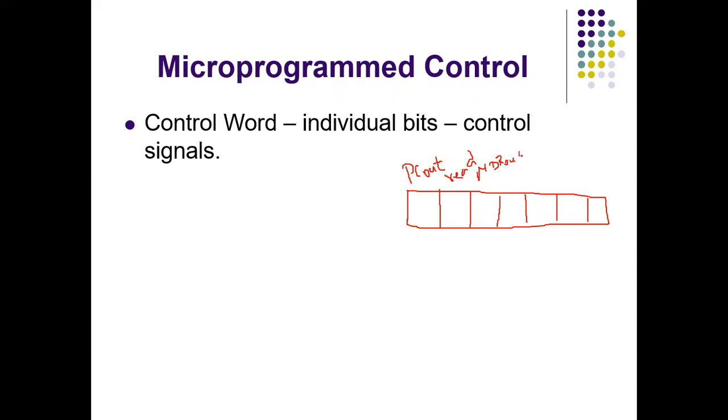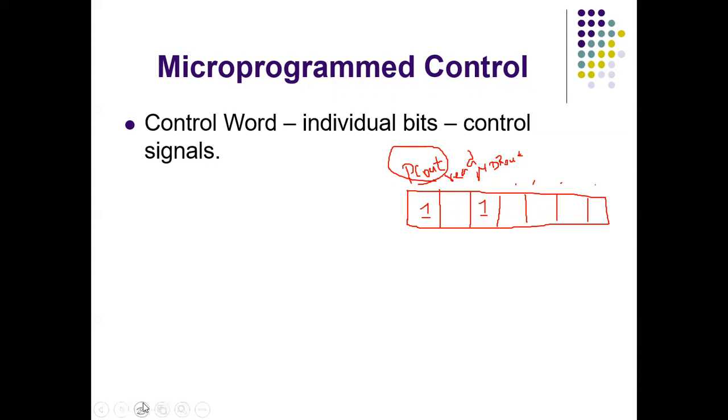Like that, each bit will represent one instruction. For every possible instruction there will be one bit. If you want to execute this instruction, then this bit should be set to one. If you want to execute some other instruction, then that bit should be set to one.